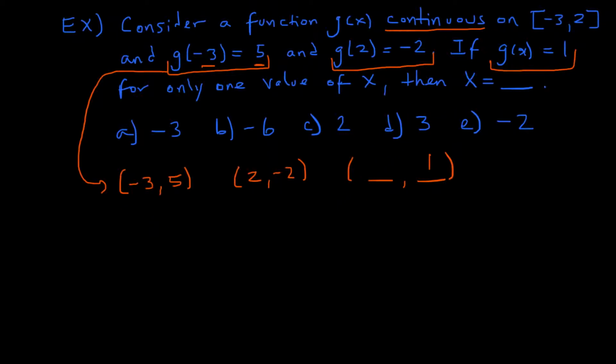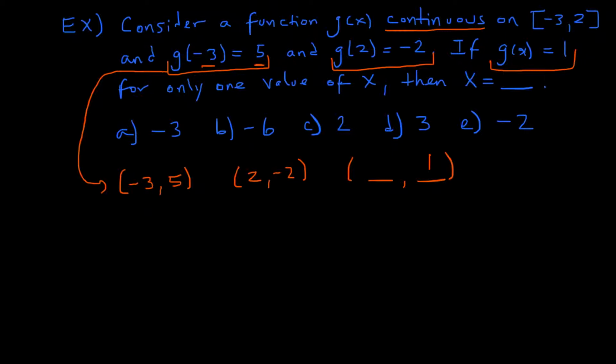So if we gave you 2 points and we told you that the function was continuous and I'm giving you a y value now, then what can you tell us about the x? The first thing I'll notice is that this y value, 1, happens to be a number between 5 and -2, isn't it? 1 is a number between -2 and 5. And so the best thing to do with any of these examples, if you see points and there's not that many points, is plot the points.